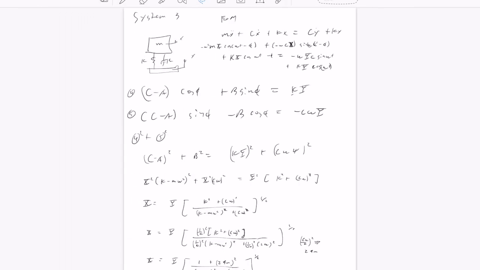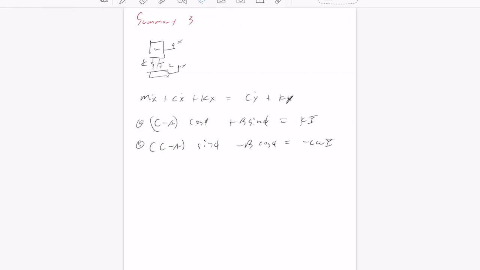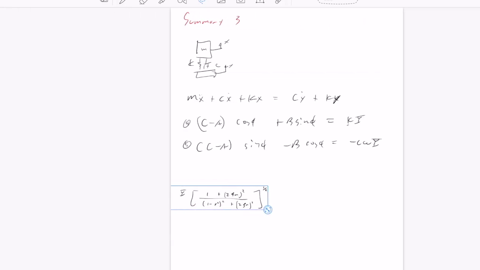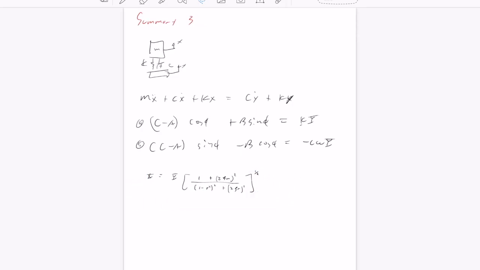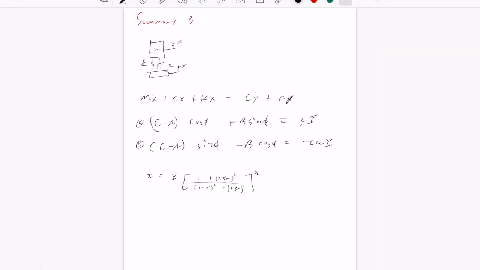Okay. Our x is this. And then I'm going to skip the phase for this one. Here we go. Now let's look at system 4.